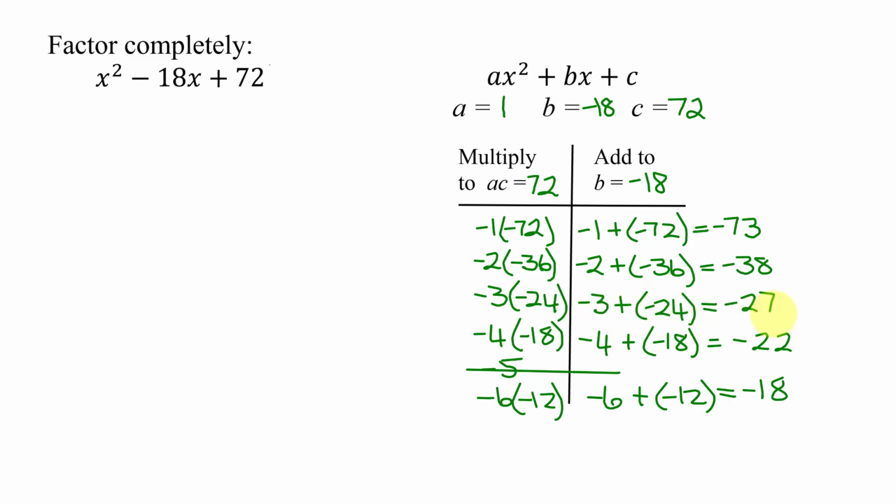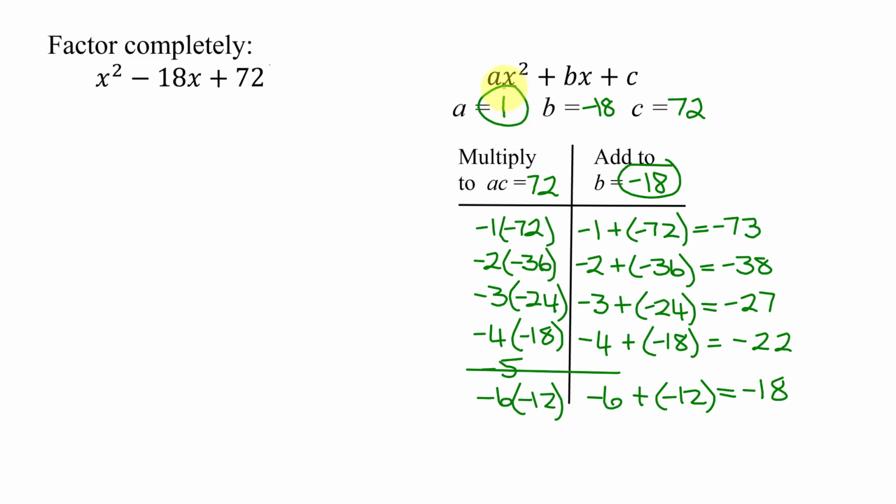Those didn't work. 4 divides into 72, I have negative 4 times negative 18 is positive 72. Again, didn't work. 5 does not divide into 72. 6 does, so I have negative 6 times negative 12 is positive 72. And finally, negative 6 plus negative 12 is negative 18, which is the number I'm looking for.